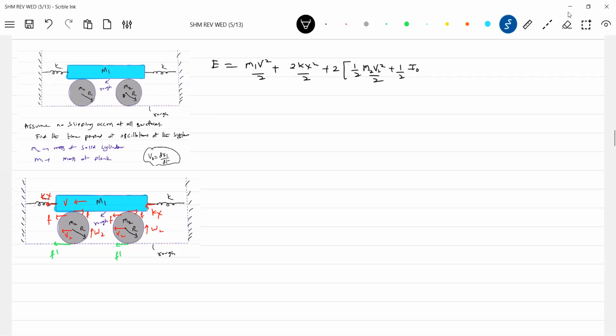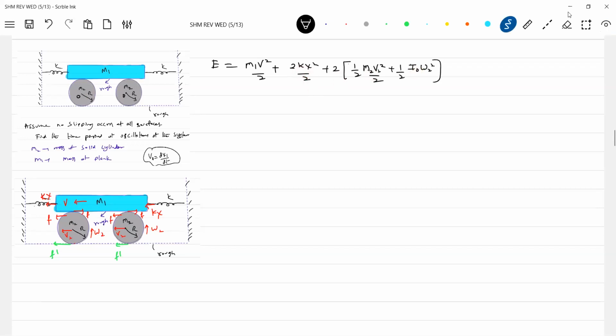That is the translational kinetic energy of the plank, translational kinetic energy of the two solid cylinders, rotational kinetic energy of the two solid cylinders, plus elastic potential energy of the spring.